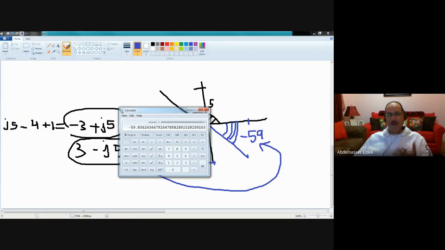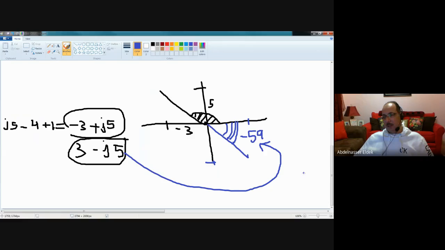Yes, almost -59. So in this case, we have to understand that the angle here is not -59 for the other one. No, the other one is 180 minus this 59, because the angle must be between 90 and 180 degrees, which is 121. I believe it is 121 degrees.